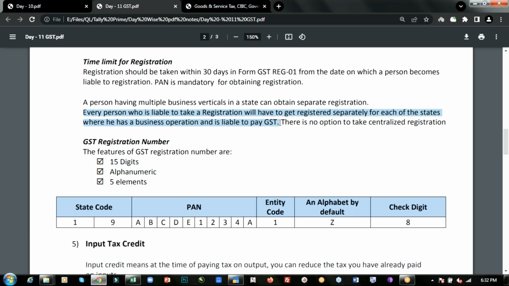There is no option to take centralized registration, so we cannot take the registration for the entire country or pan India. We have to get registered separately for each state.